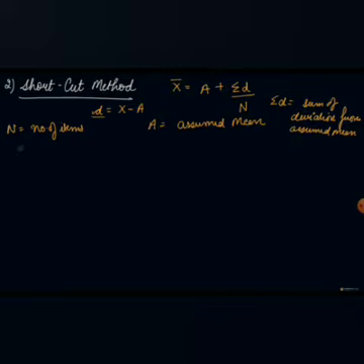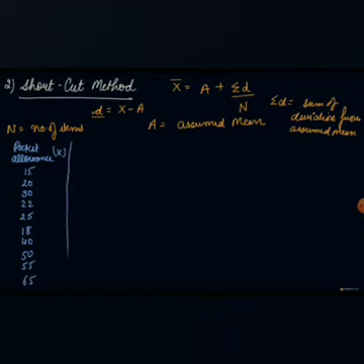Let's take it with the help of the same example. The pocket allowance X: 15, 20, 30, 22, 25, 18, 40, 50, 55, 65. Now you have to choose any number as the assumed mean.